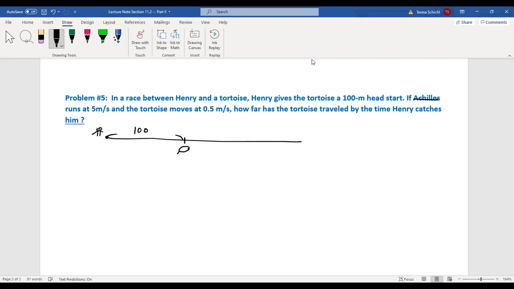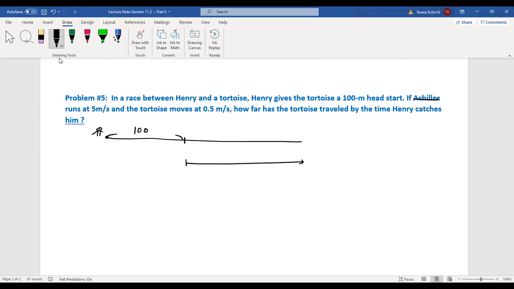I hope I can draw a good one. When the tortoise reaches the 100-meter line, Henry starts to run. Then, while Henry runs, the tortoise continues to walk.